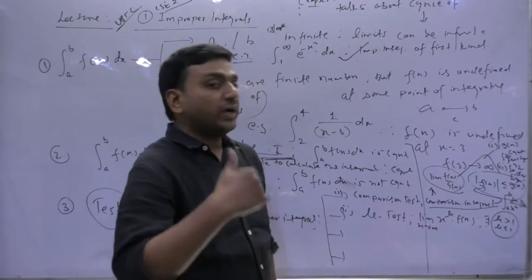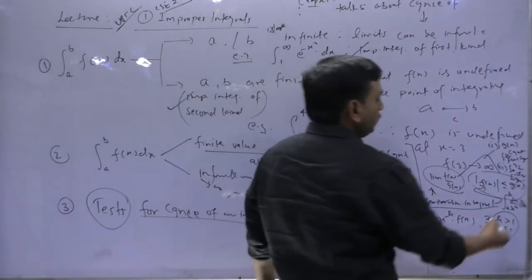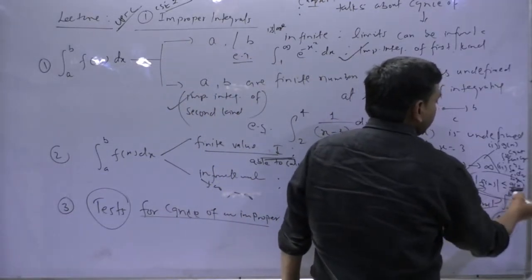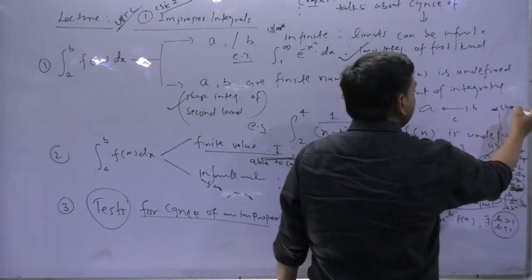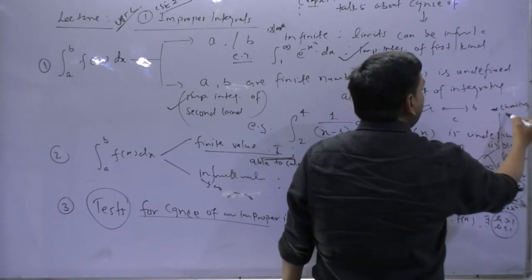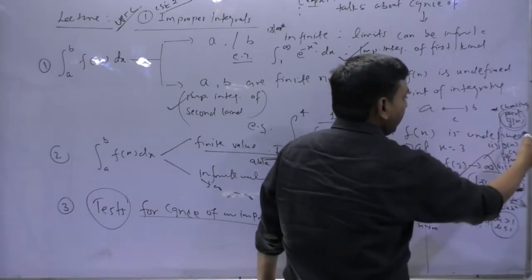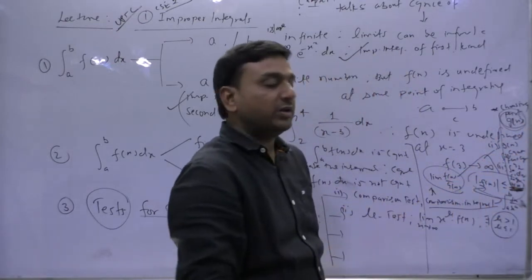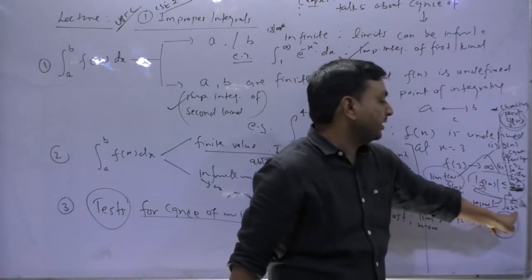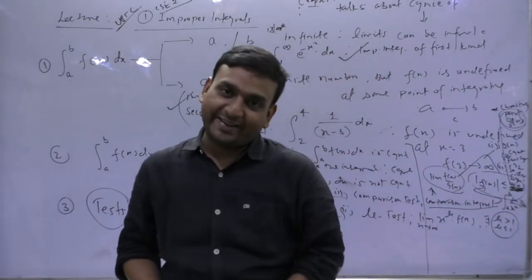Another point: how to choose this g(x), that is the crucial part. Choosing g(x) so that its convergence or divergence will be determined by the comparison integral.